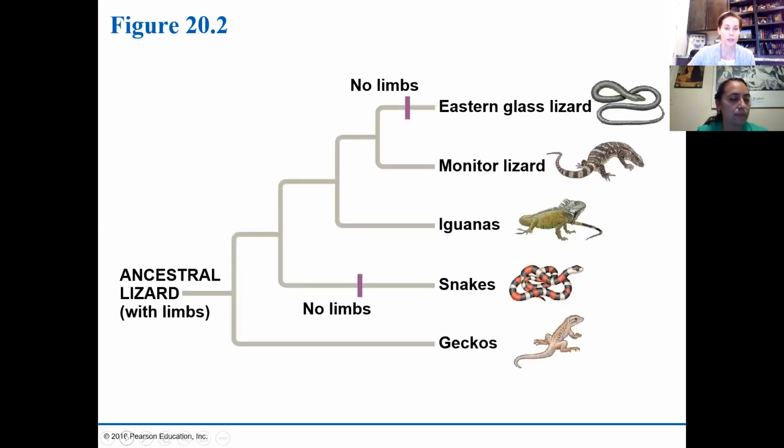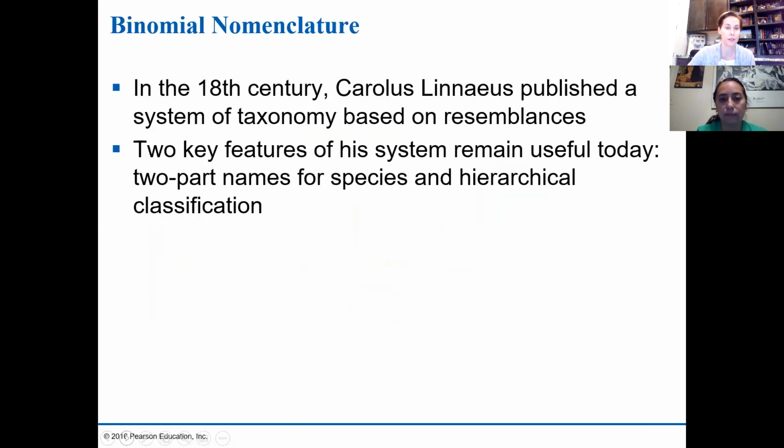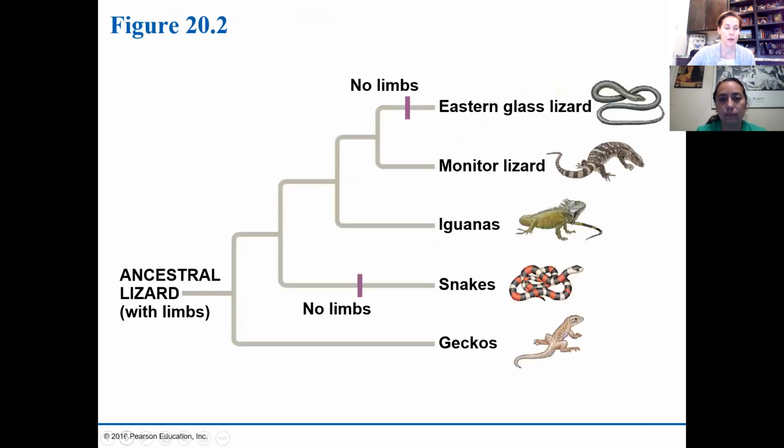And if I'm right, I don't know if I want to get into this just yet. Maybe I do. So one of the terms that you'll hear is a common ancestor. And a common ancestor, like this ancestral lizard, is no longer in existence anymore. And all of these guys are what has derived from that common ancestor.